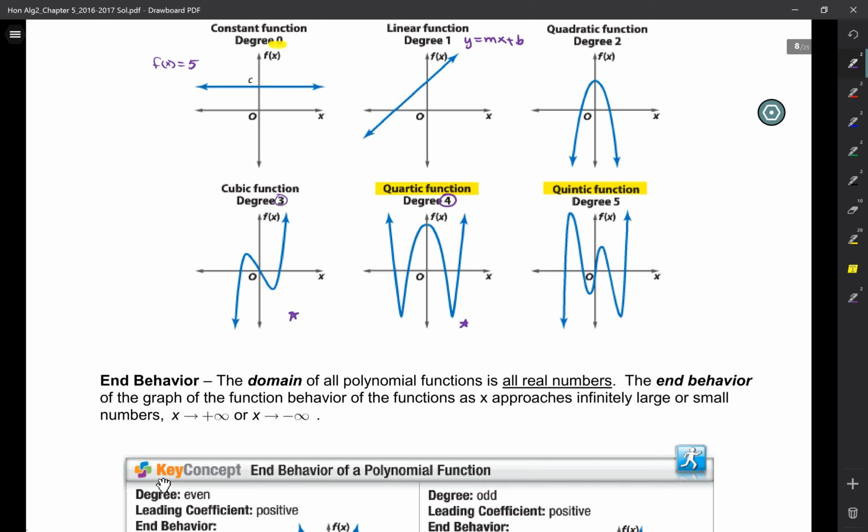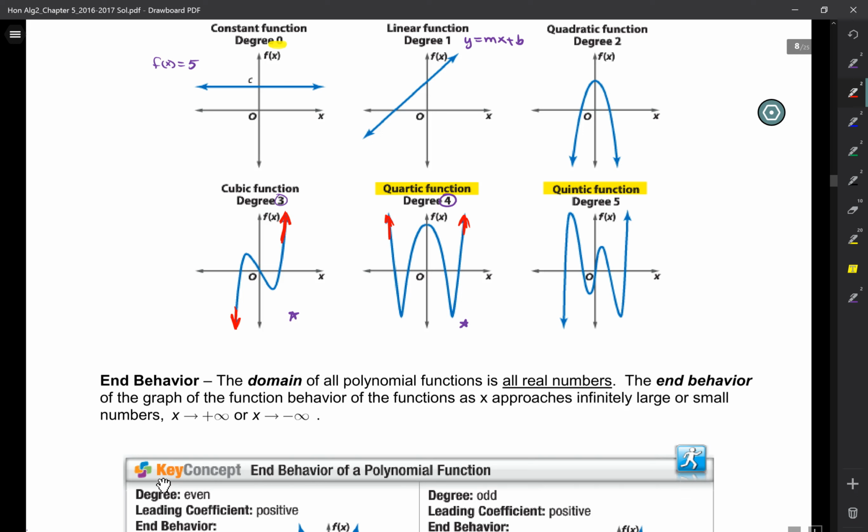So with a degree of 3, where the degree is odd, 1, 3, 5, 7, 9, if you look at the very ends of the graph, the very ends of the arms of the graph, one side of the graph goes up and the other side goes down. However, if the degree is even, so something to the power of 2, 4, 6, 8, both ends will be going up here.